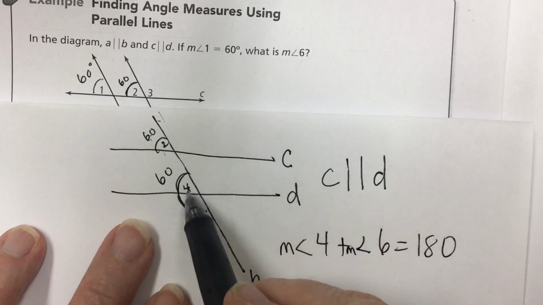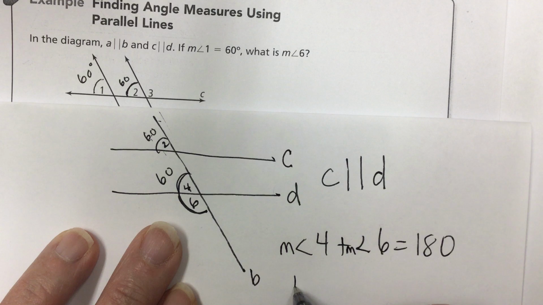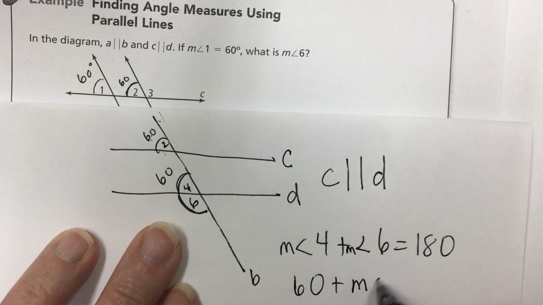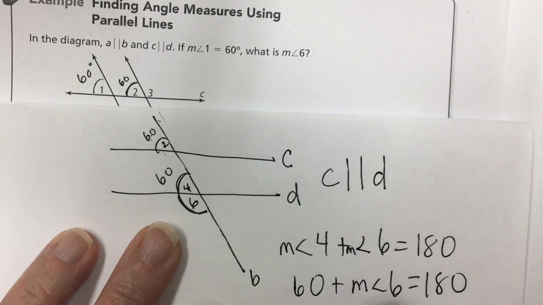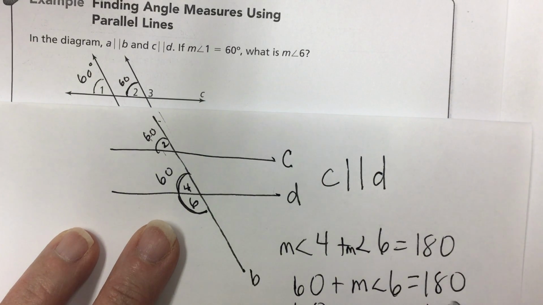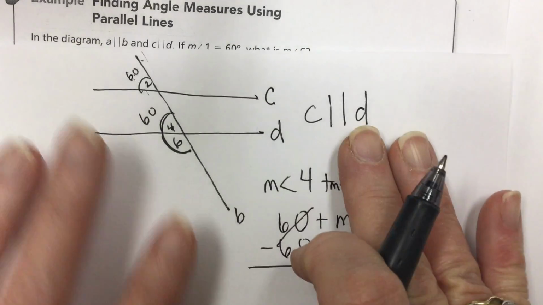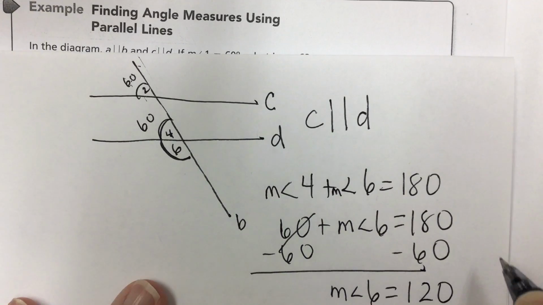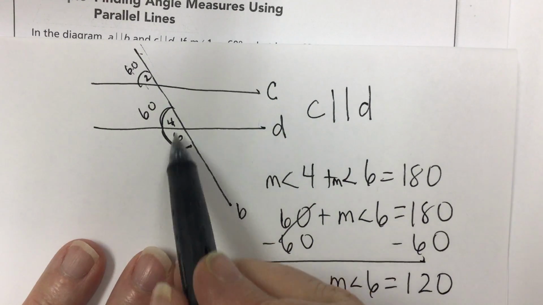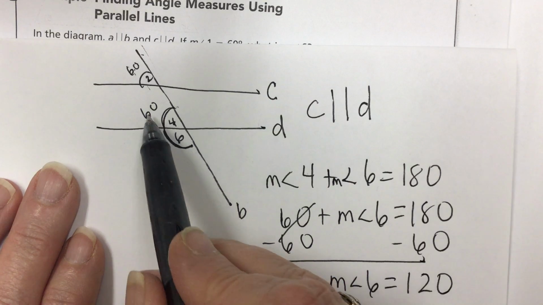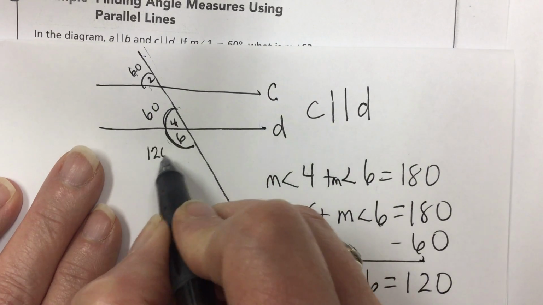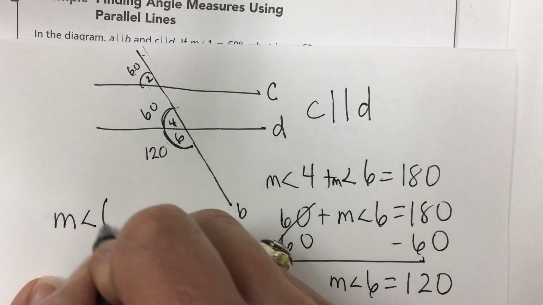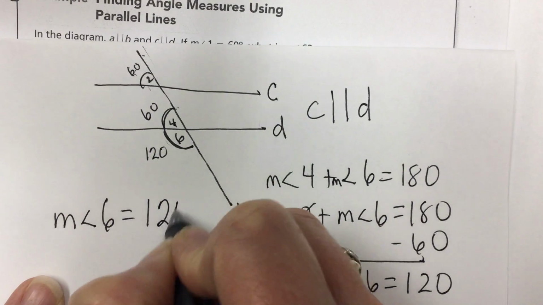So if angle 4 is 60, plus the measure of angle 6 equals 180, if I subtract 60 from both sides, I find the measure of angle 6 equals 120. Going back here, I know that these two are supplementary, so 180 minus 60 leaves angle 6 to be 120. So we know that the measure of angle 6 is equal to 120.